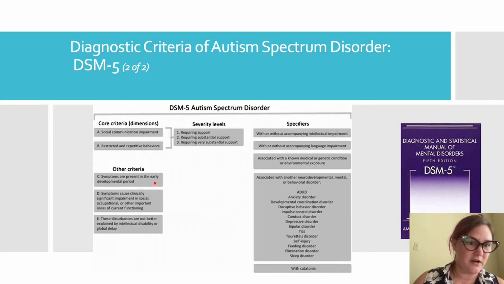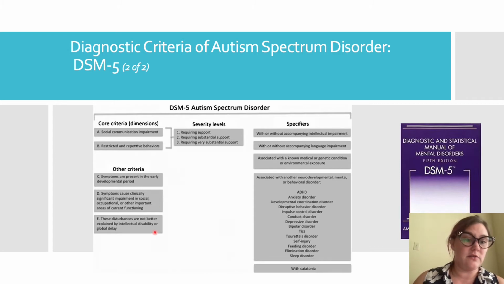And then the other criteria, as I mentioned in the last slide, is that it has to be present in the early developmental period. So that's typically age 22 or before. The symptoms cause clinically significant impairment in social, occupational, or other important areas of functioning.